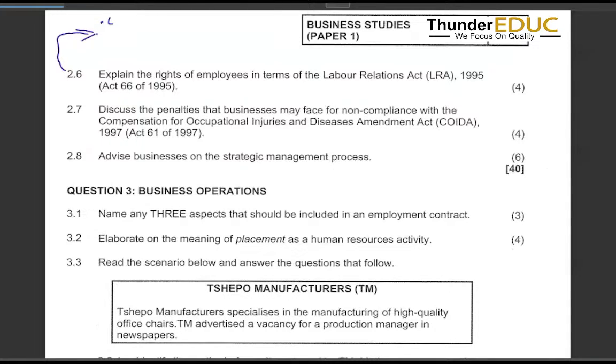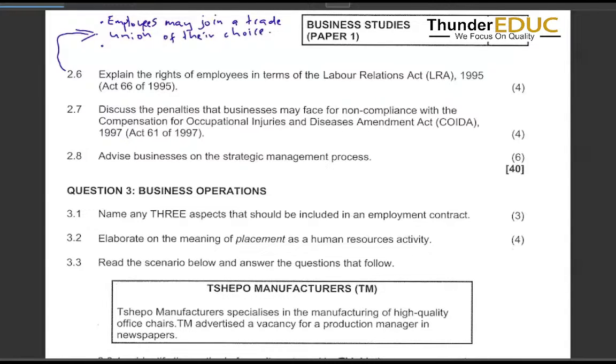So now here we are saying that employees may join a trade union of their choice.